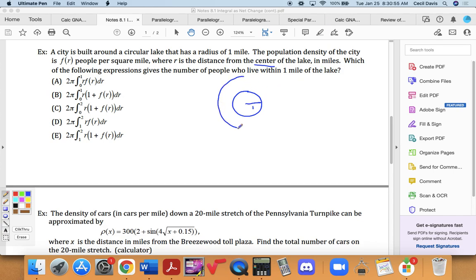So again, a strip would have area 2 pi r delta r, right? So we know we're going to have 2 pi r dr in there.